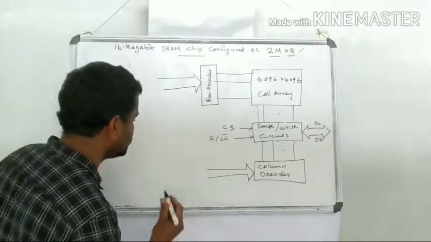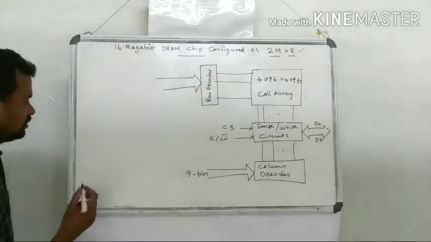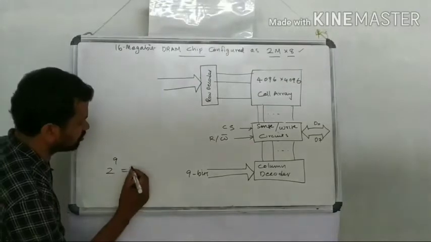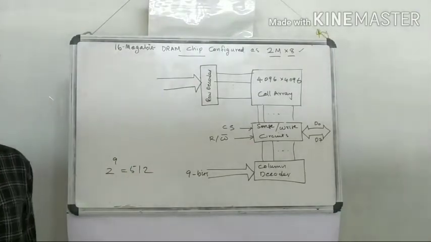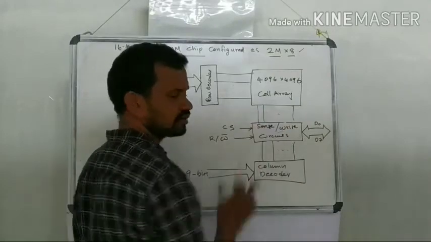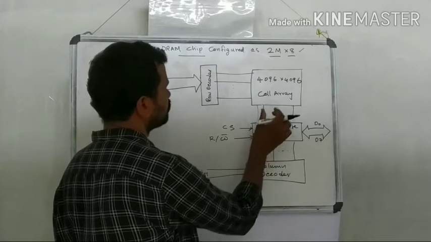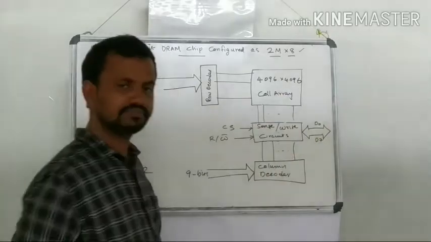We have 9 bits, that is, 2 to the power 9 is equal to 512. So 9 bits are required to select a group from the 4096 bit lines.